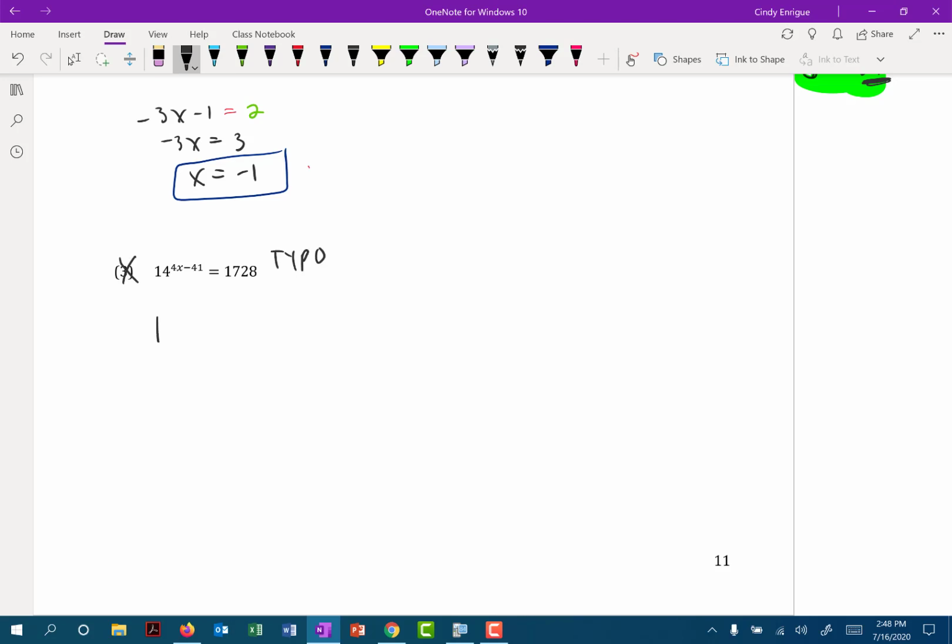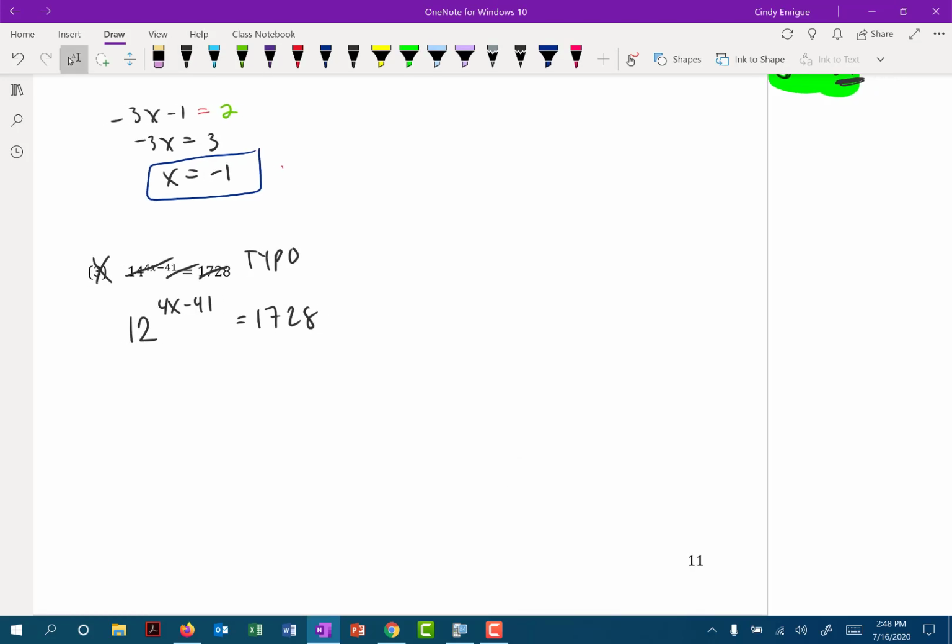This should really have been 12 to the 4x minus 41 is equal to 1728. Otherwise, it's a lot harder. So if we think about it that way, sorry about that typo, I have 12 to the 1 power, which is 12, 12 squared, which is 144, but 12 to the third power is 1728. So that's exactly what I have here for 1728.